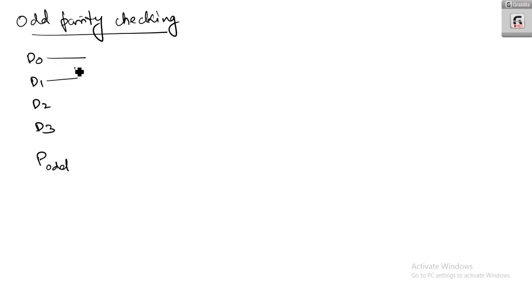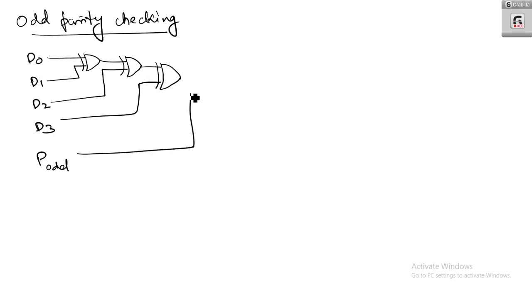D0 is XORed with D1, and that is XORed with D2, and that is XORed with D3, and the final answer is XORed with the parity P odd. Here we get the error output. Basically, parity generating or checking means XORing bit by bit.